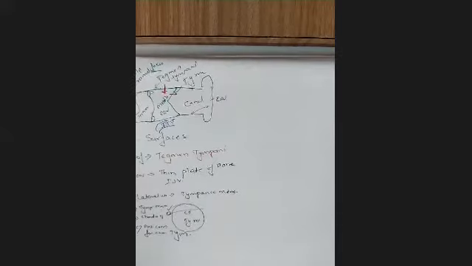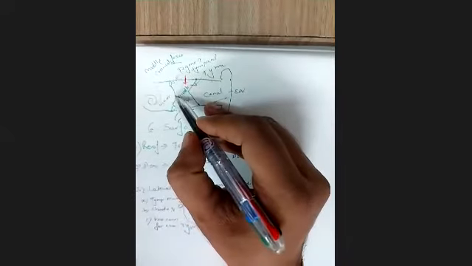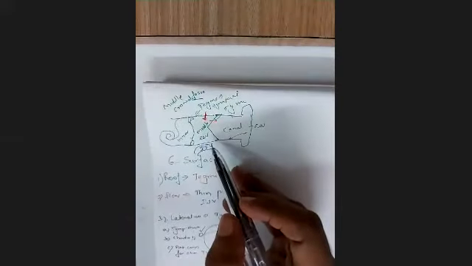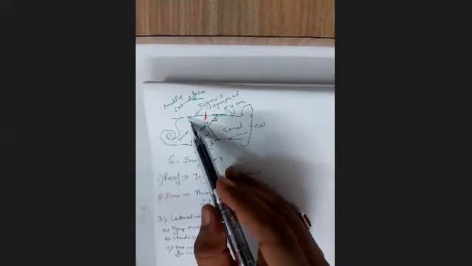Now look at the middle wall. When you look at the middle wall, already we see that here there is an opening. The opening is called fenestra. This is called fenestra vestibuli, which is closed by the footplate of stapes.